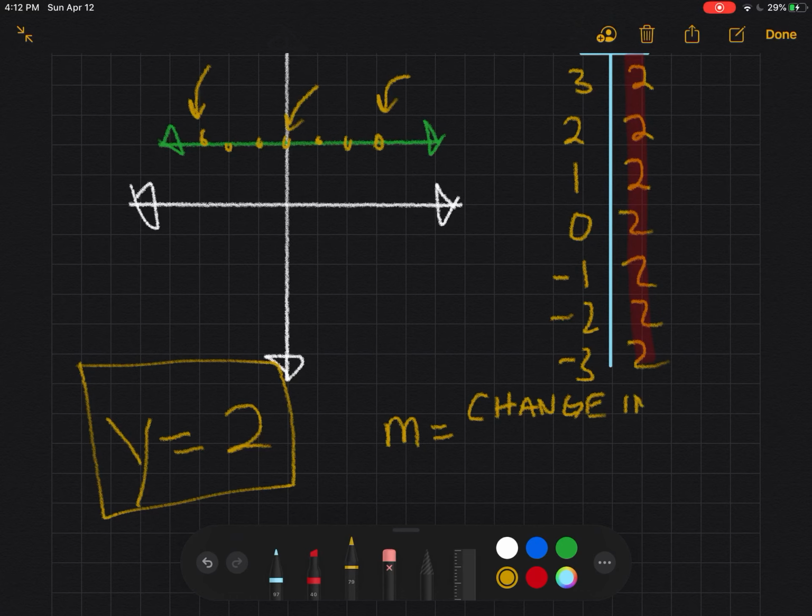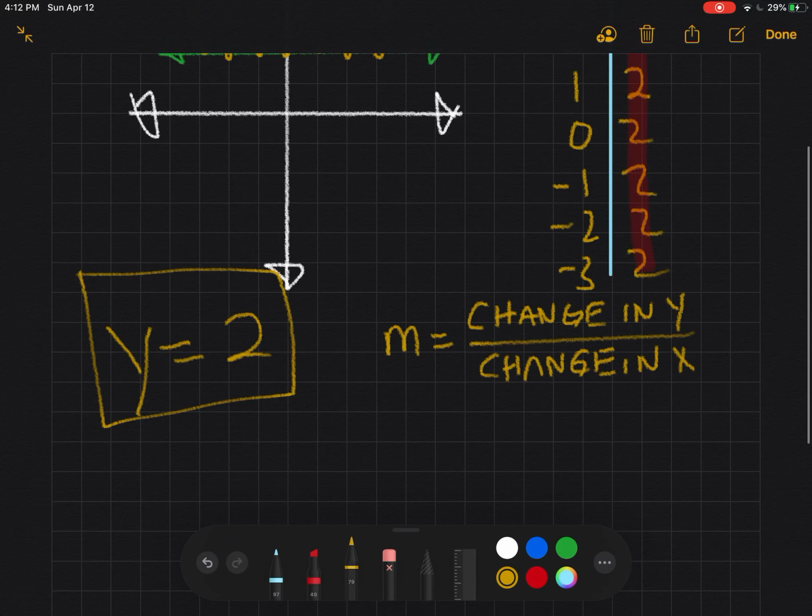Now let's talk about the slope. So we know here, then our slope is equal to the change in y divided by the change in x. Now y is not changing, so that is 0.